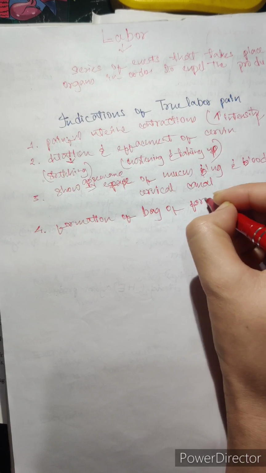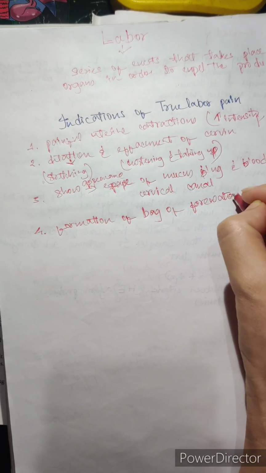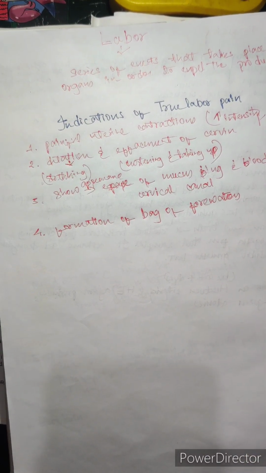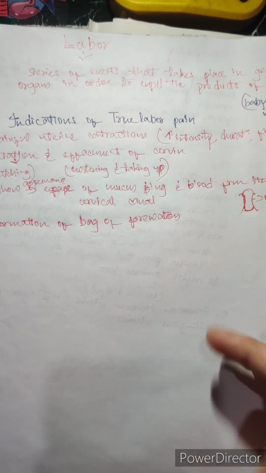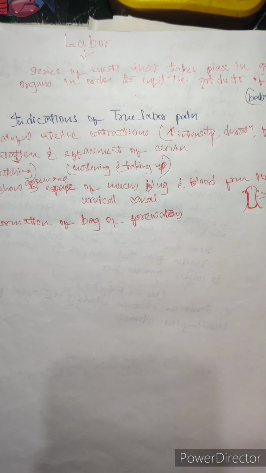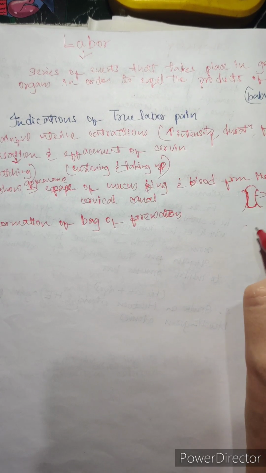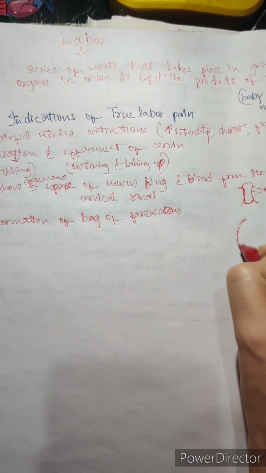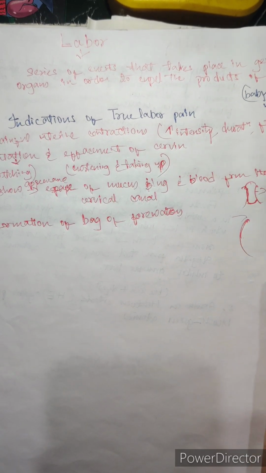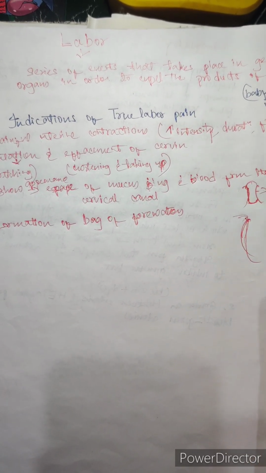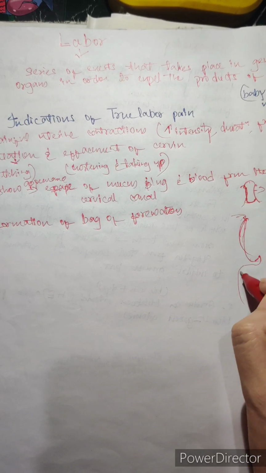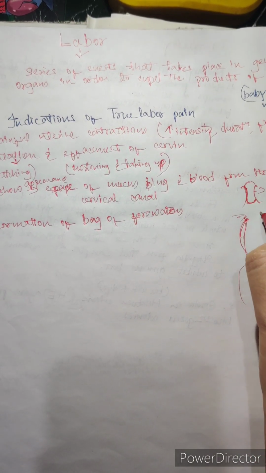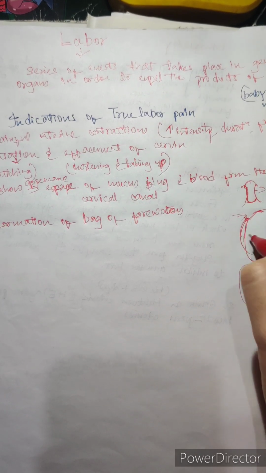And the fourth is the formation of bag of forewaters. During the pregnancy period, your uterus is almost filled with liquor amnii.